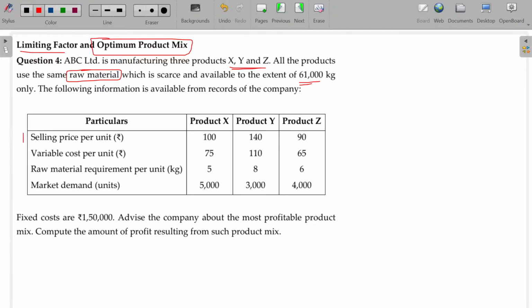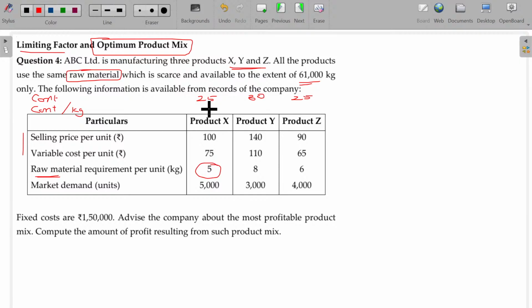Okay, we have been given selling price and variable cost. Then automatically you can get the contribution. Come on, get the contribution here: 25 rupees, 30 rupees and 25 rupees. And raw material is the limiting factor, so you have to find out the contribution per kg of raw material. So 25 for how many kgs?